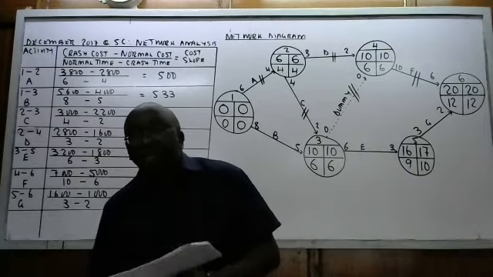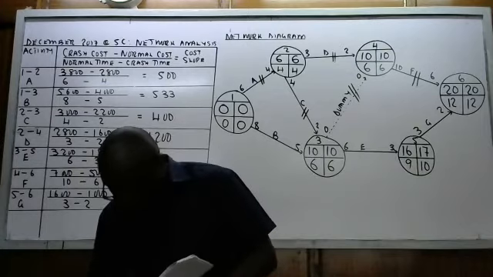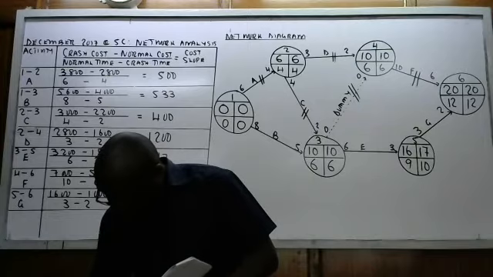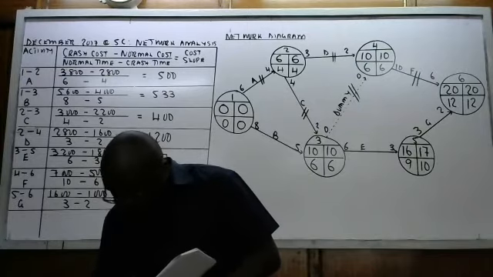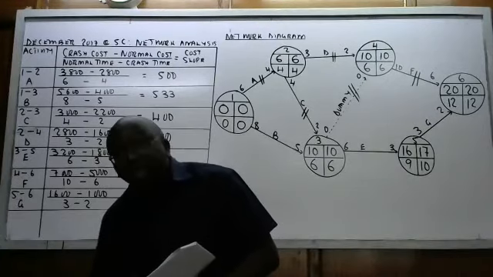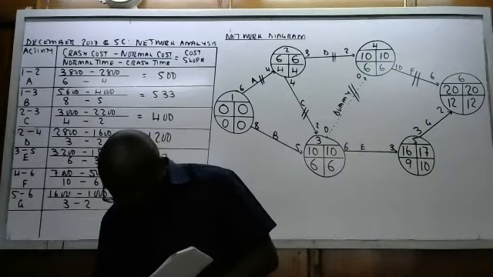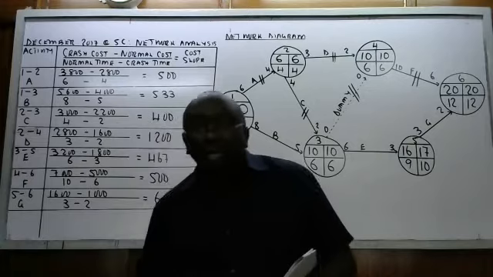Let's do the same for the crash. Give me the crash, 3,800 plus 5,600 plus 3,000 plus 2,800 plus 200 plus 7,000 plus 1,600. Send me the figure.